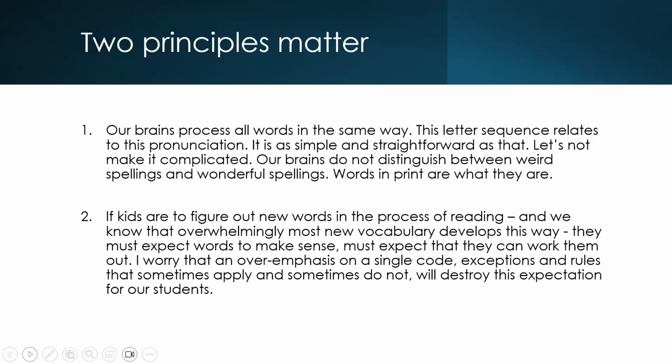And learning to read and spell is about learning to make the link between letter sequence, whatever it is, and pronunciation. Let's not make it complicated. Our brains do not distinguish between weird spellings and wonderful spellings. Words in print are what they are.